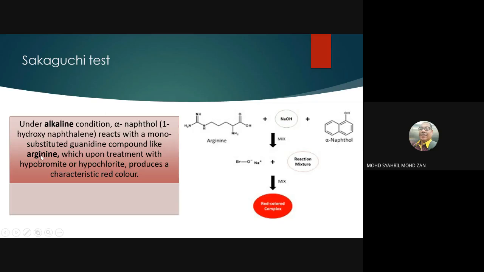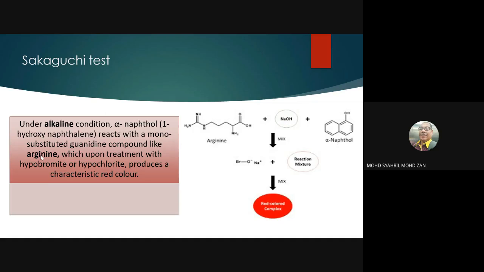So the best amino acid for the Sakaguchi test is arginine. It is treated with hypobromite and hypochlorite to produce the characteristic red color.